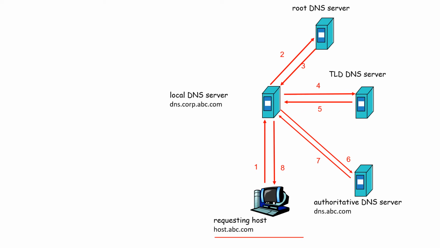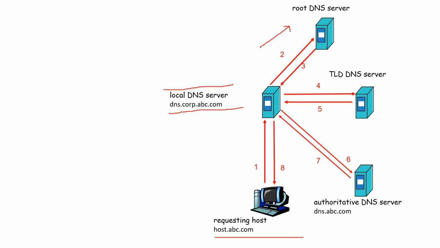So my first query goes to my local DNS server, the LDNS server. If it is cached, then I get the response back. If it is not cached, or maybe I'm trying to access it for the first time, and this local DNS server doesn't know anything about this host name, it is going to redirect to the root DNS server.